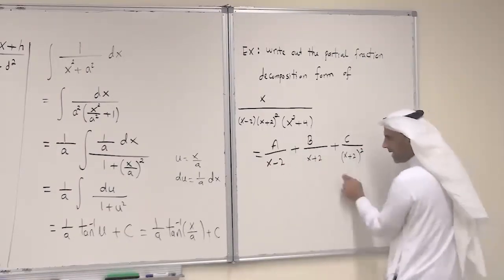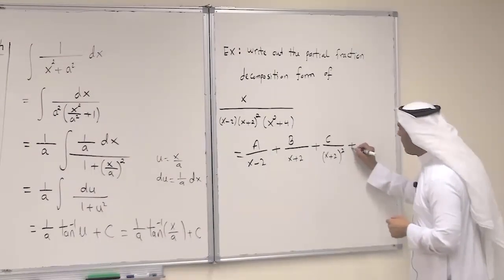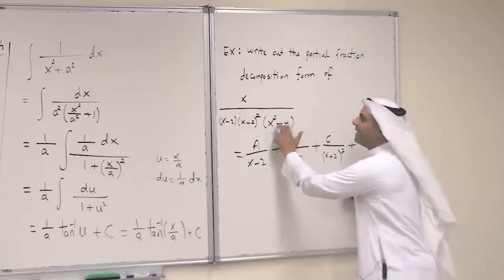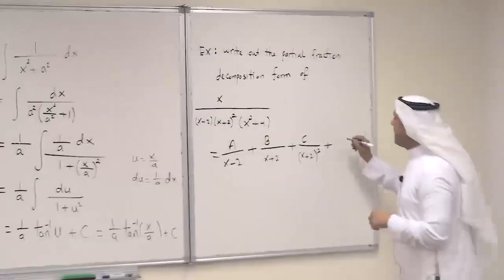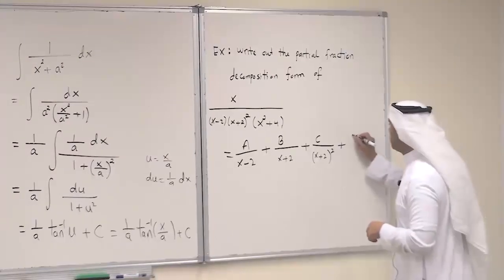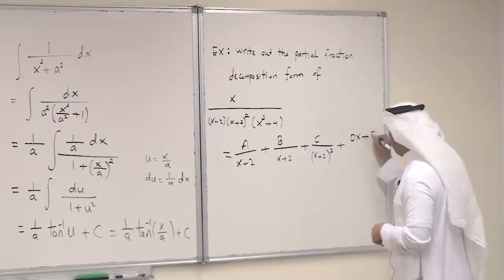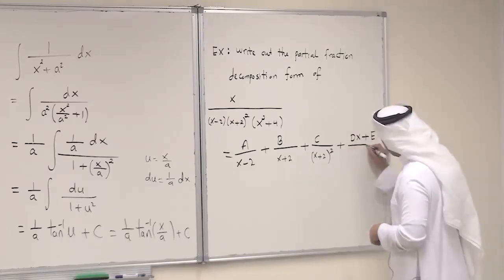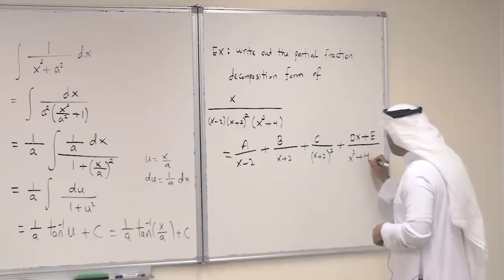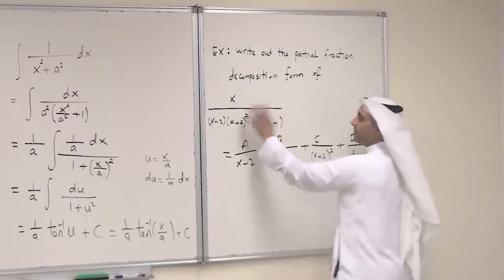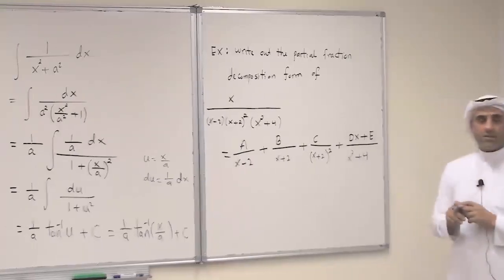This is the second case. Now the third case says if you have a quadratic factor, not repeated, what will be the form? It will be a linear factor upstairs. So let us use d x plus e divided by x squared plus 4.